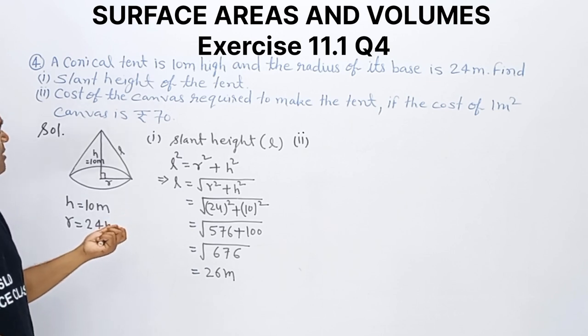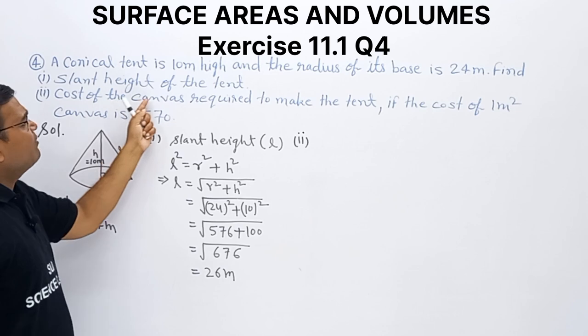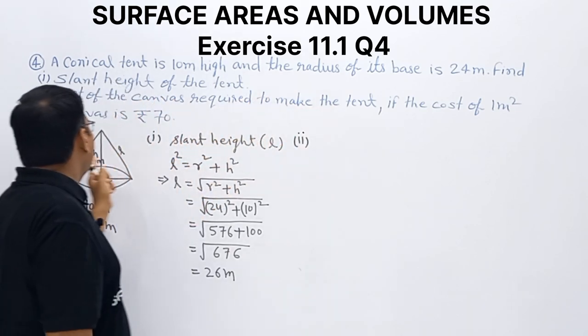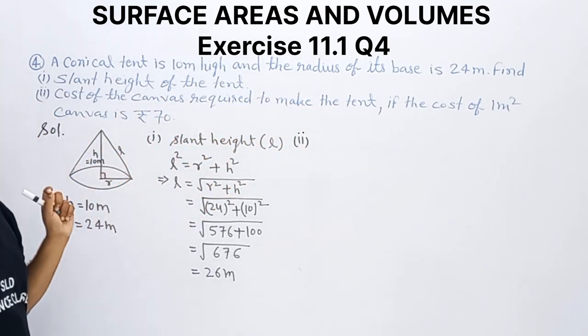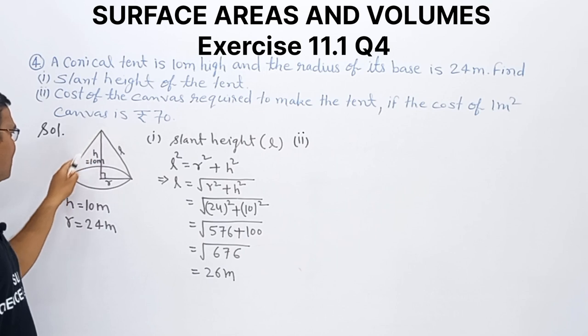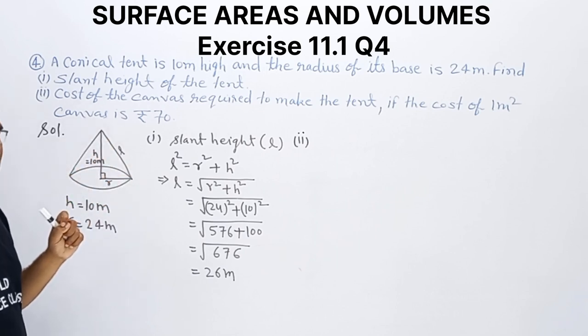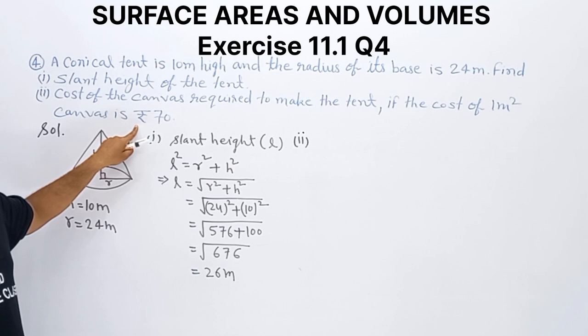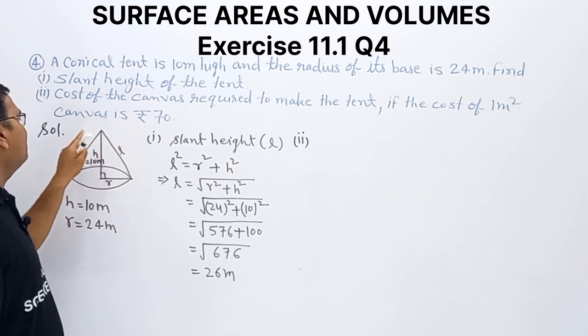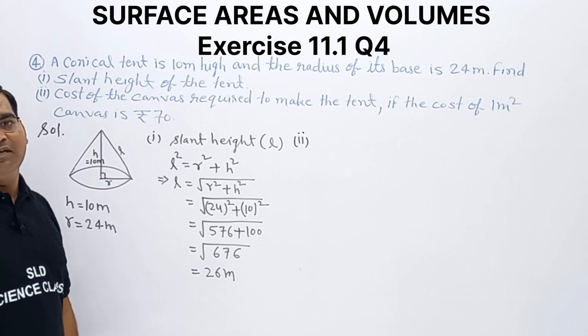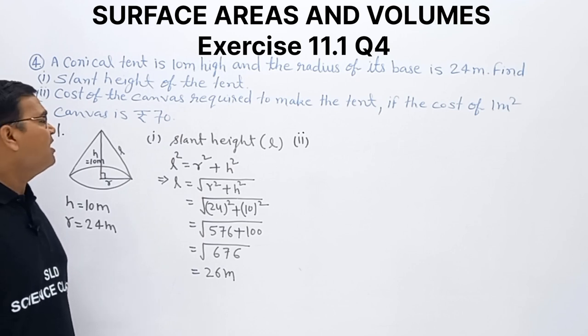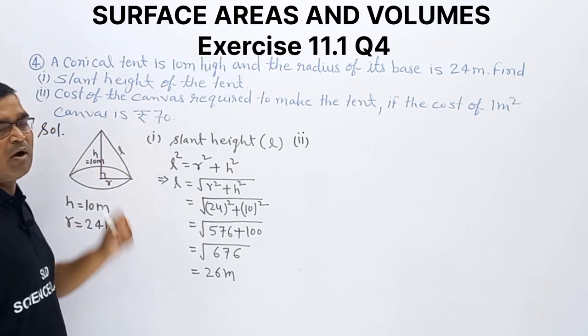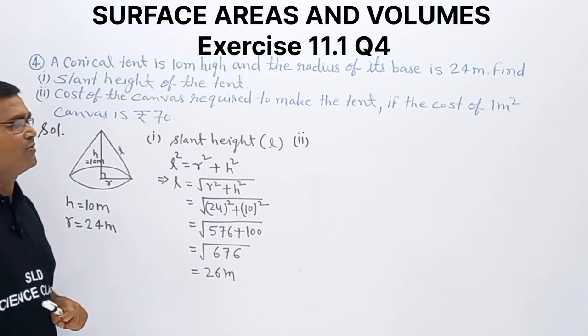Observe what a simple thing: the cost of the canvas required to make the tent. We are using canvas to make the tent. The cost of 1 square meter is rupees 70. We want the total cost, so how will we find it? Once we obtain the total area of the canvas, then we can multiply it by this amount, then we obtain the cost.